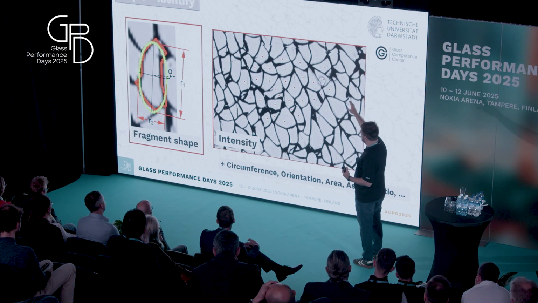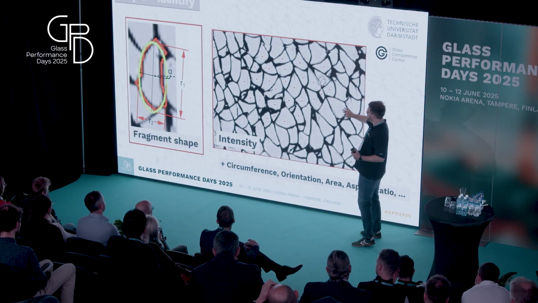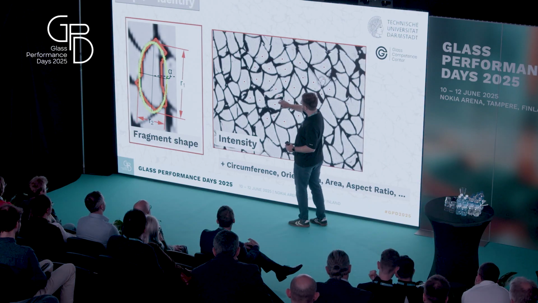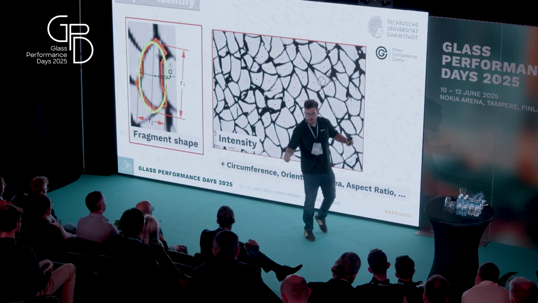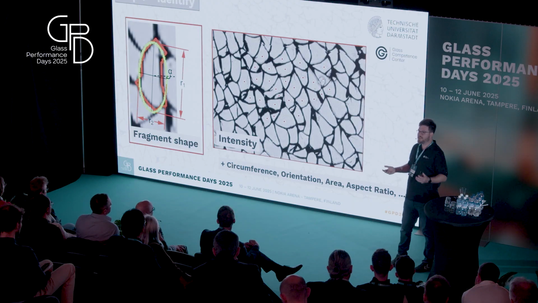The second order stochastical measure, the intensity that we can see here on the right, is measured by counting individual fragments and then dividing that number simply by the area that has been taken by these fragments. And then we get the so-called fracture intensity.